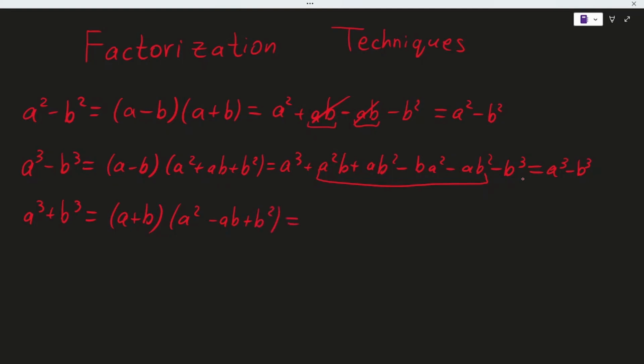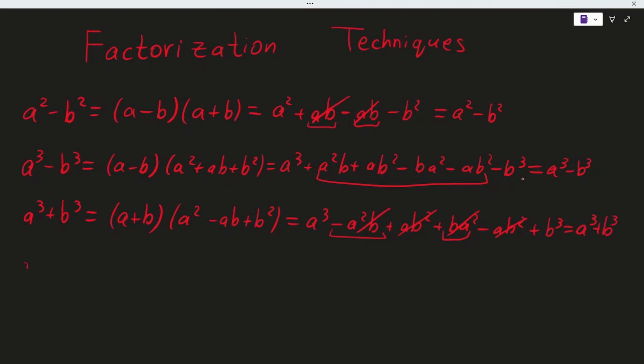Once again, if we expand, we will get a³ − a²b + ab² + ba² − ab² + b³. We can see that we have −a²b here, but +ba² also, so they cross out each other, and similarly +ab² and −ab² cross out each other. So we are left with a³ + b³.